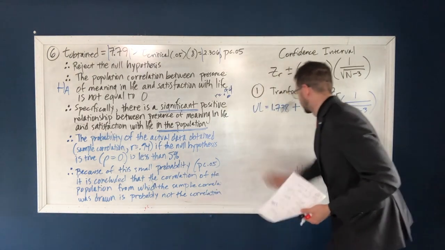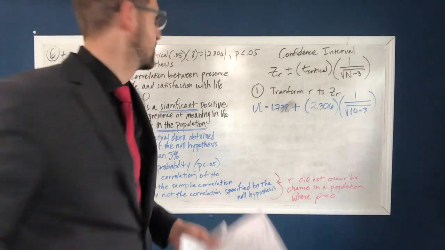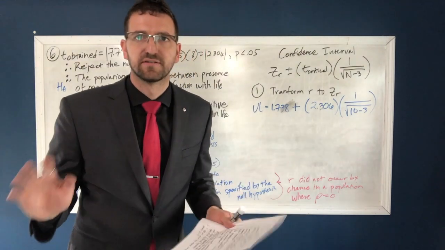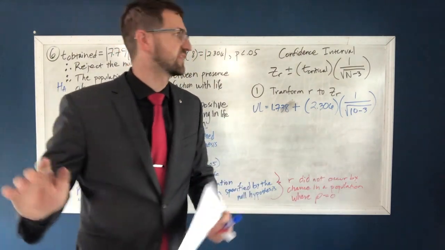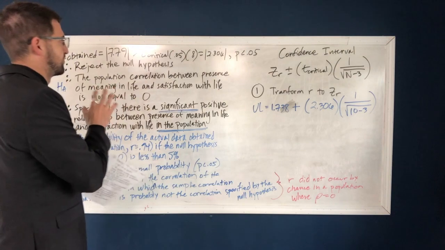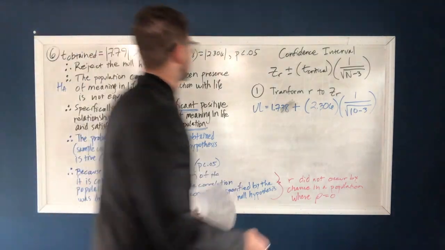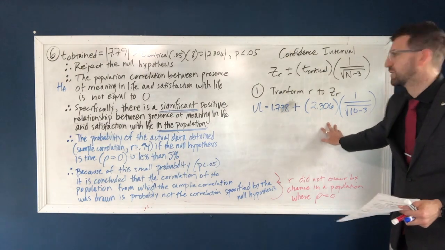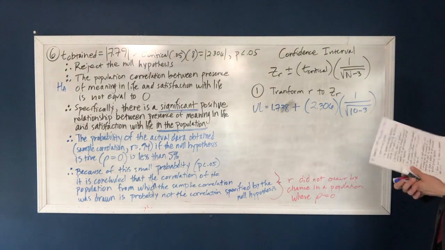Let me go ahead and erase the... Okay, so I accidentally erased the interpretation, and I was like, oops, shouldn't have done that. So I went ahead and I put it back up. So here's our equation, if you will, for the upper limit of our confidence interval.